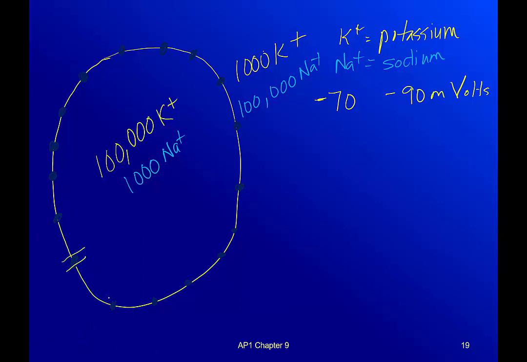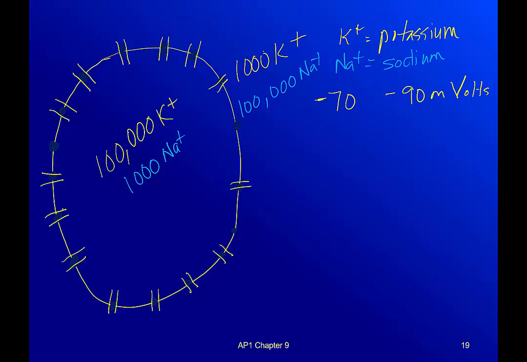I have leak channels for potassium, and they're yellow, color-coded, right? Meaning that potassium can get into and out of my cell through the leak channels.